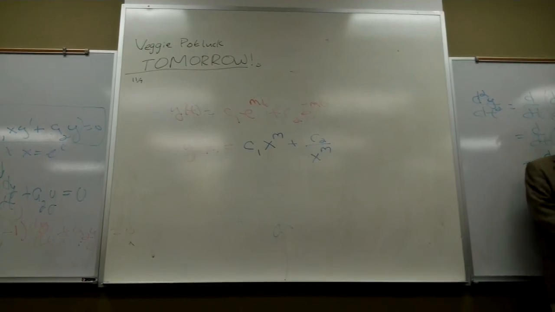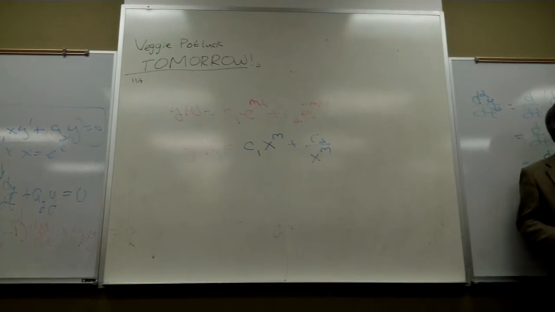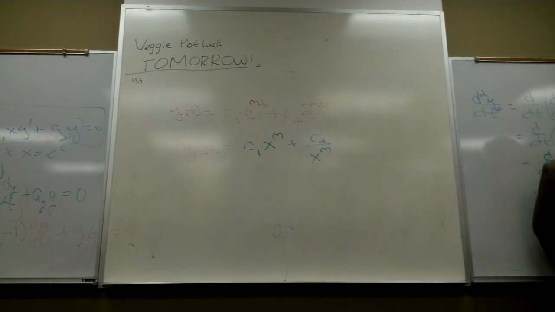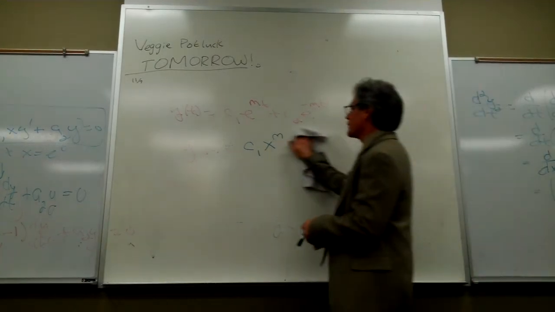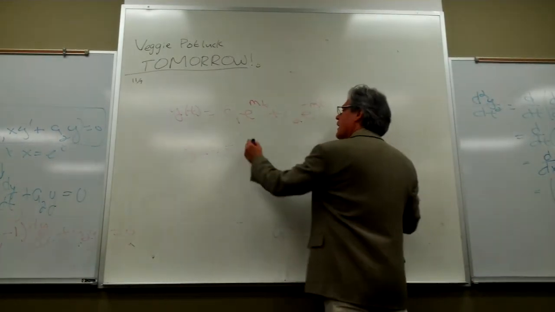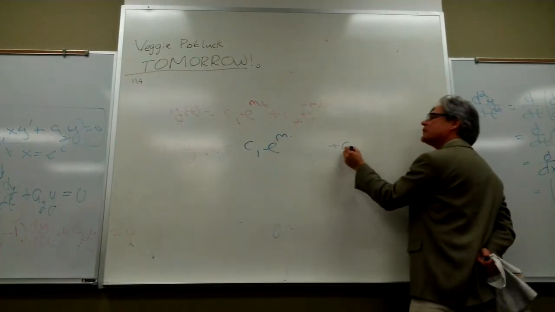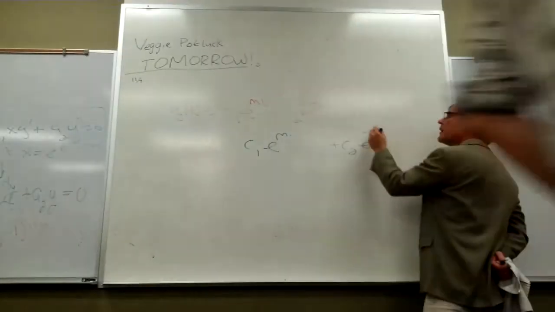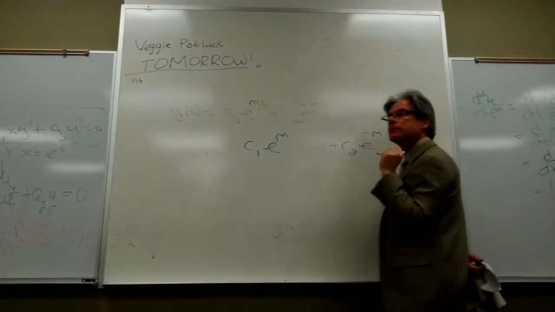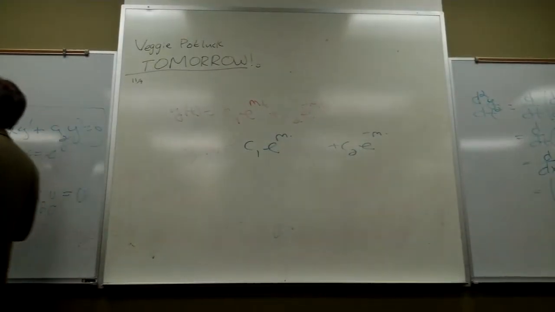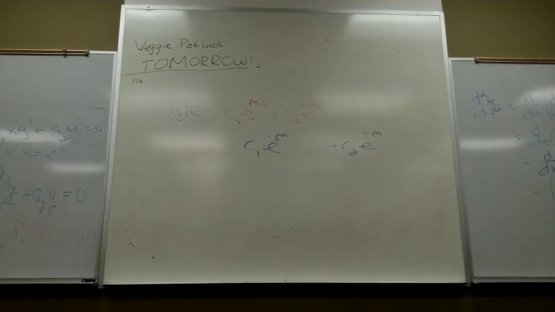Tell me if I can clarify something. Can you just show the step where you back substitute? Yes, of course. I'm simply saying this. I got c1 e to the m times t, don't put the t in yet, plus c2 times e to the negative m times t, don't put the t in yet. But you got to confess, with this substitution, isn't it the case that t is the natural log of x?